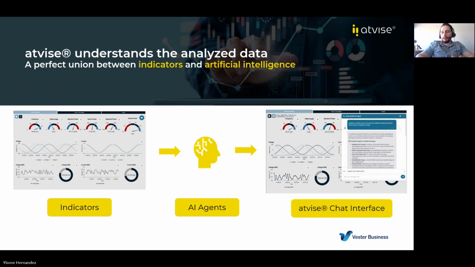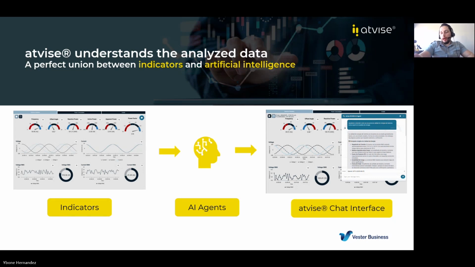So the smart alternative is to process the data and provide that processed data to the AI agent so that the AI agent can provide insights about what's actually happening with the information.